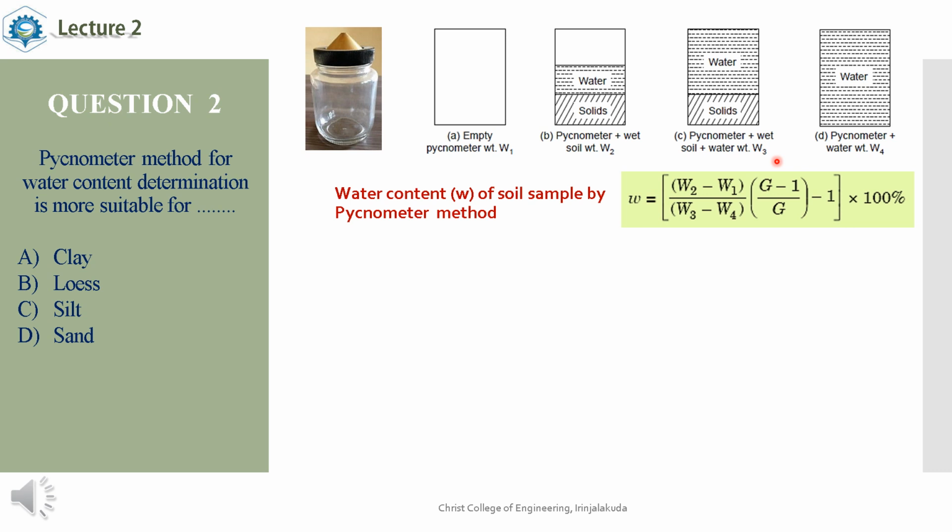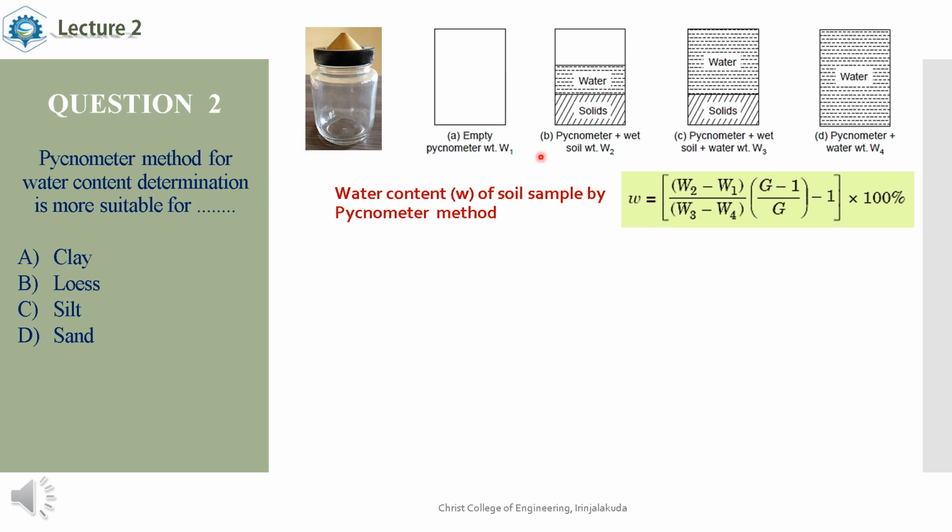After that we empty the pyknometer, wash it thoroughly, and again fill it with water flush with the top hole, and let the weight be W4. With all these weights we can find out the water content of the soil sample by simply substituting in this equation, which is given here.